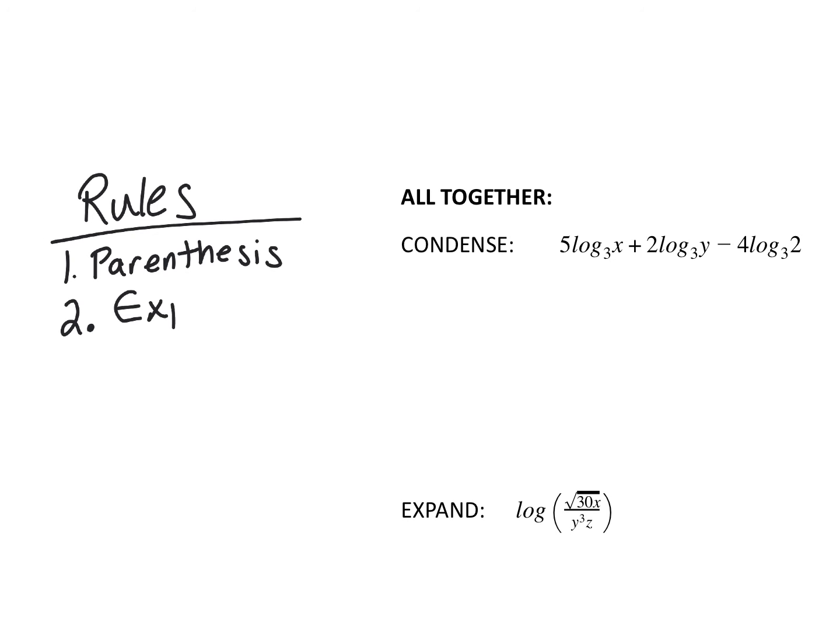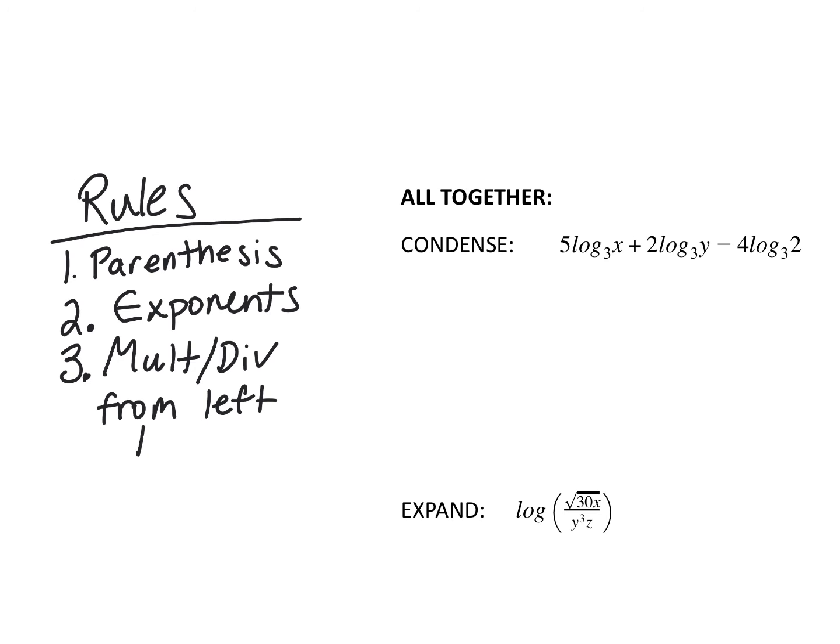Parentheses, then exponents. So if we have a power rule, this is when we take care of that. And then the other part of PEMDAS is multiplication and division from left to right. So we just write out PEMDAS.